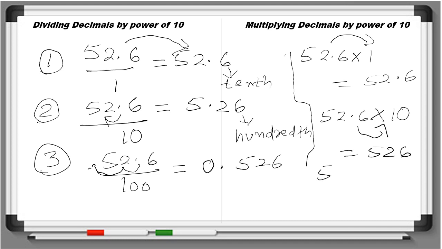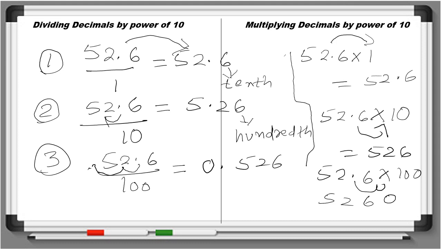The number becomes bigger. So 52.6, if I multiply by 10, the decimal moves places and it becomes 5260.